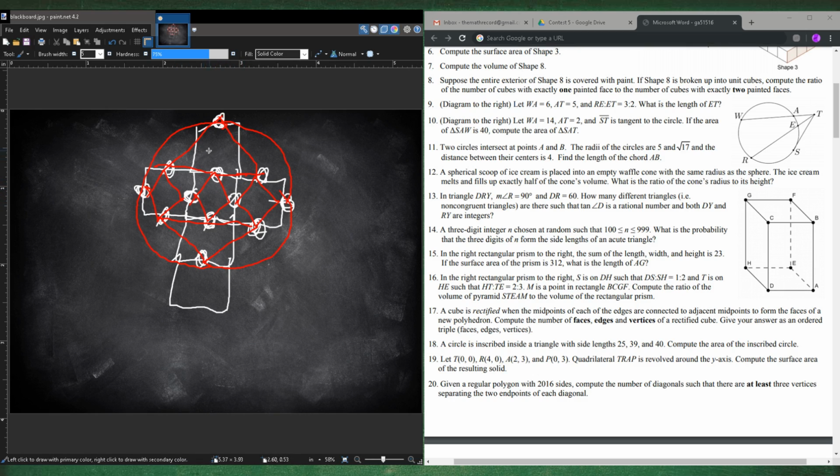So basically counting the number of faces, which is 1, 2, 3, 4, 5, 6, 7, and then 8, 9.